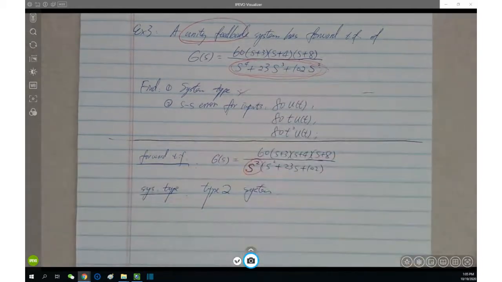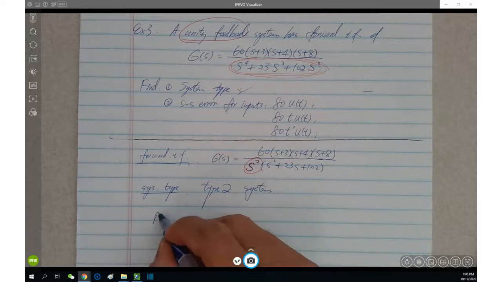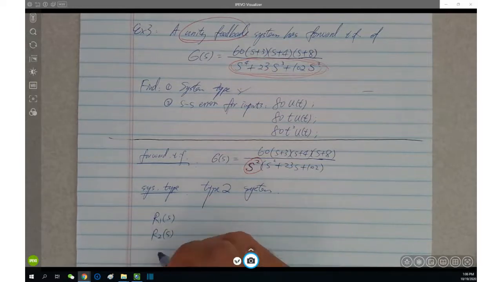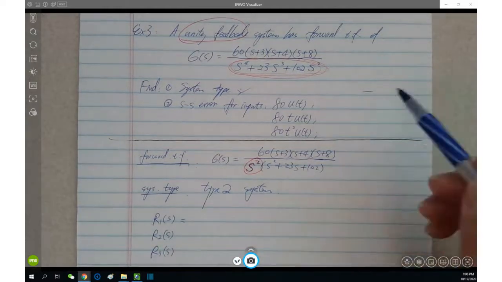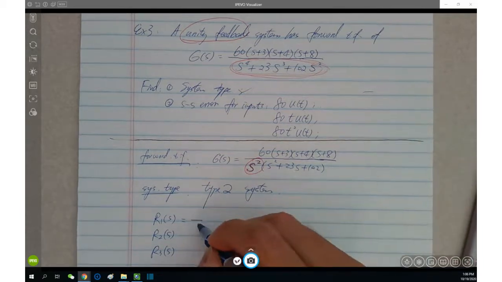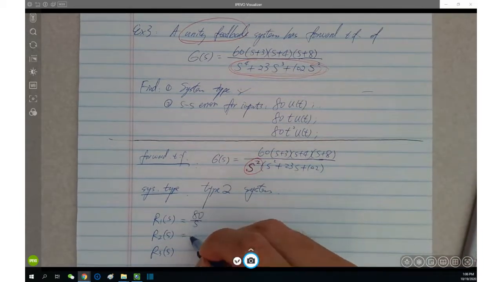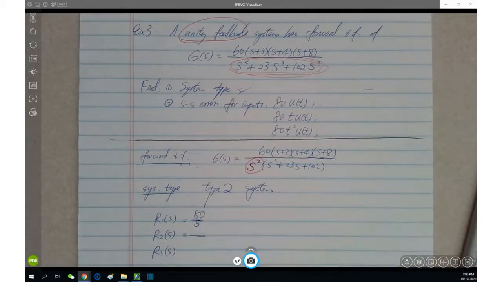And then we go ahead to find the steady state error for different inputs. First of all, the first input is a what? By checking our Laplace transform, you should be able to tell this is a step. First input is a step, and the corresponding s domain function is 80 over s.